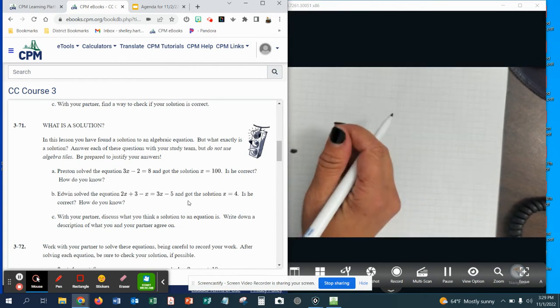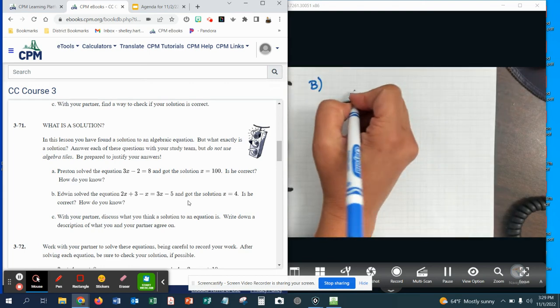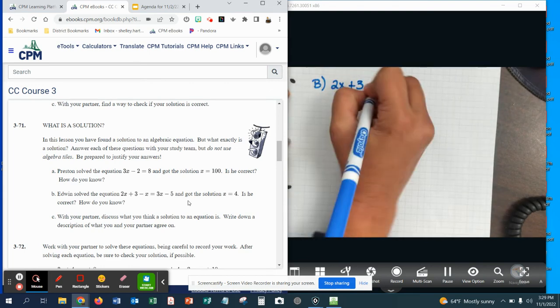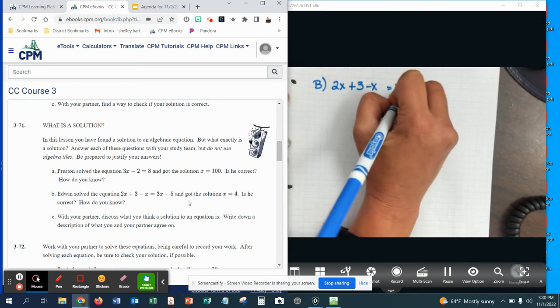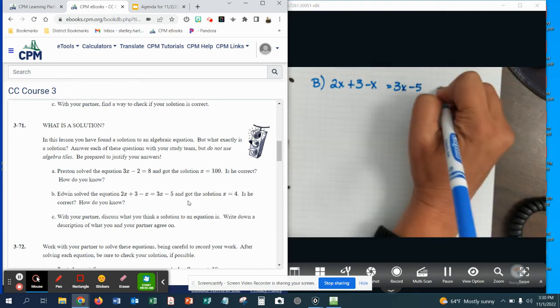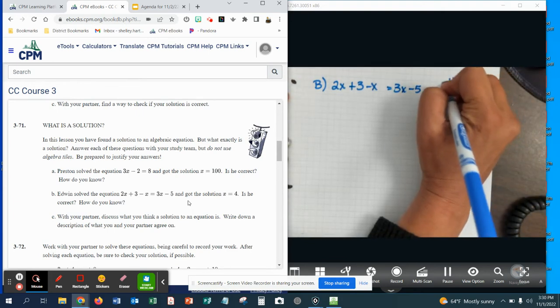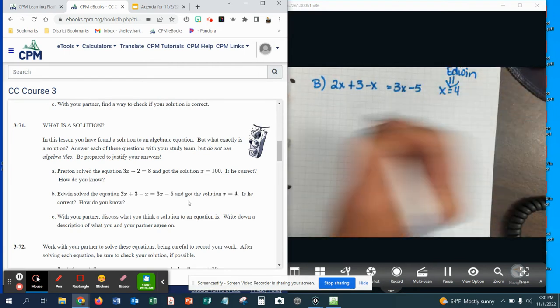Edwin solved the equation B, which is 2x plus 3 minus x equals 3x minus 5. He's got x equals 4, so we're just going to put that off. This is what Edwin thinks.